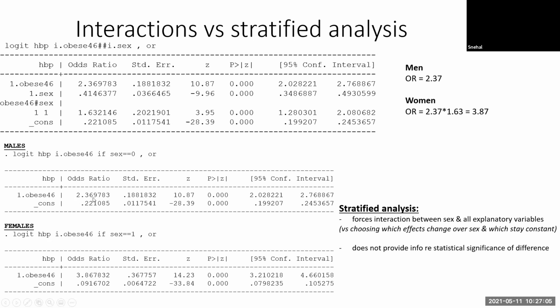You can't compare these two odds ratios, whereas when I do an interaction like this, I can, because see this value over here, this is the extra bit of effect that happens when you're a woman and you're obese. And the p-value for that extra bit is less than 0.01. And so I can say from this interaction analysis that the effect varies by gender. Whereas if I do a stratified analysis, I can't.